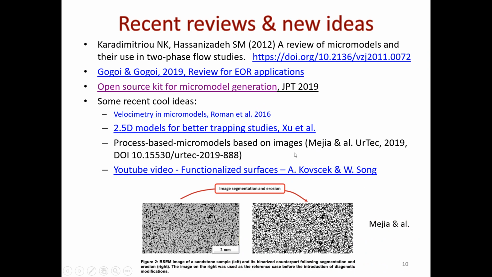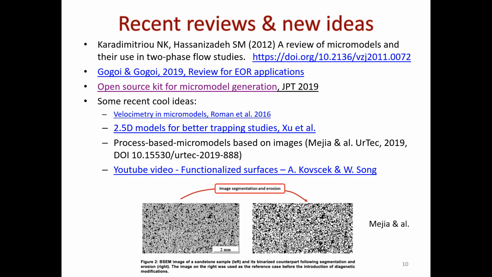And then there were so-called process-based micro models, where you play with different layers. You identify images of sand grains, and you create micro models by basically eroding the surfaces of grains. And we're going to play with that once we start manipulating images a little more.